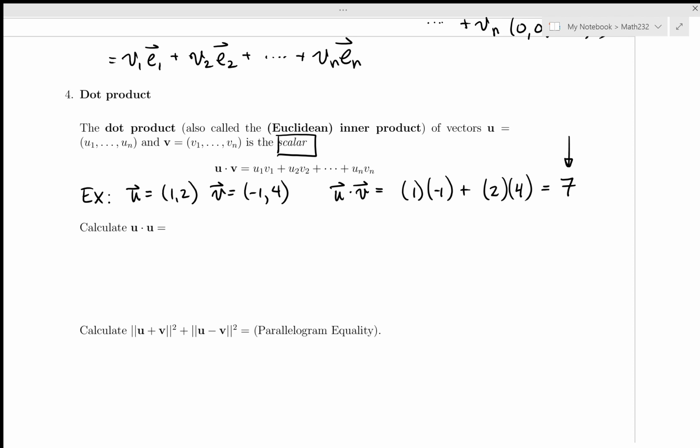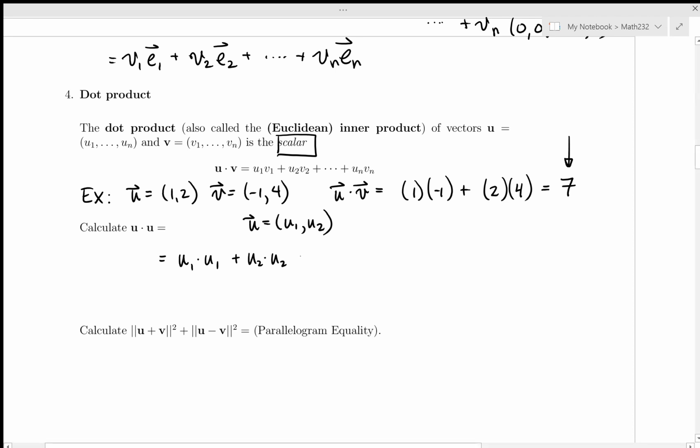Okay, let's compute the dot product of u and u. So take a dot product of a vector with itself. That is going to be equal to, by the definition of our dot product, u1 times u1. Those are scalars because those are the first two components of the vector u, plus u2 times u2. I'm thinking here the vector u is a two-dimensional vector with those two components, u1 and u2.